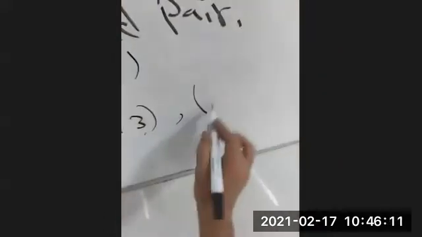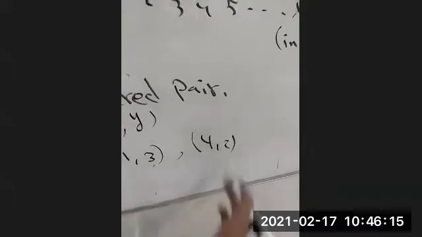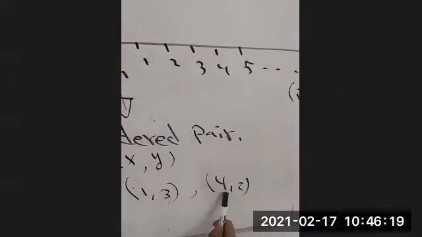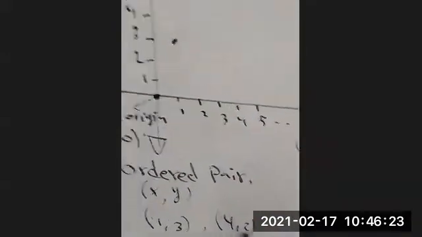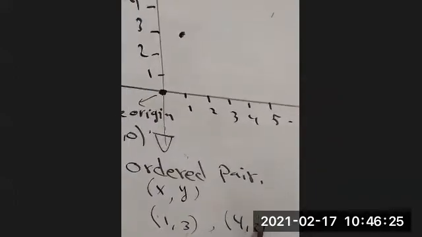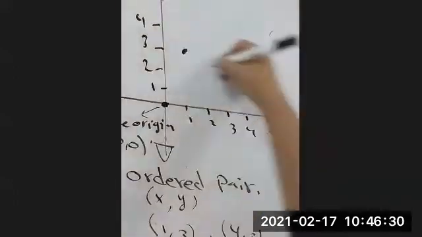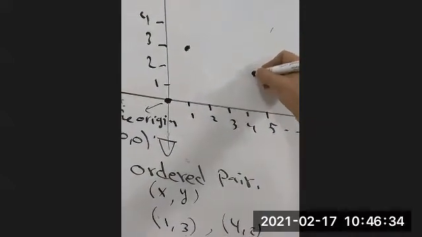Now, for example, 4 and 2. This is x, the horizontal, and this is the vertical. To graph this point, you go to the x first, which is 4, and go up until you get 2 on the y-axis. So from 4, I will go up until I get 2, and I graph my point like this.